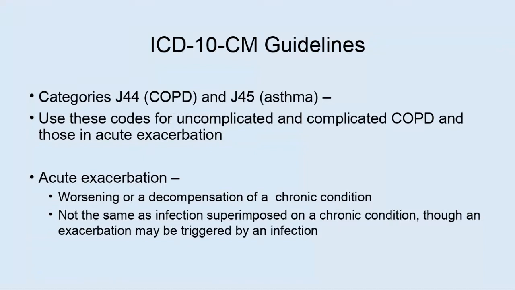Note that this is not the same as an infection superimposed on a chronic condition, although an exacerbation may be triggered by an infection. A patient may have a chronic condition and then have an infection, but this is not automatically considered an acute exacerbation.